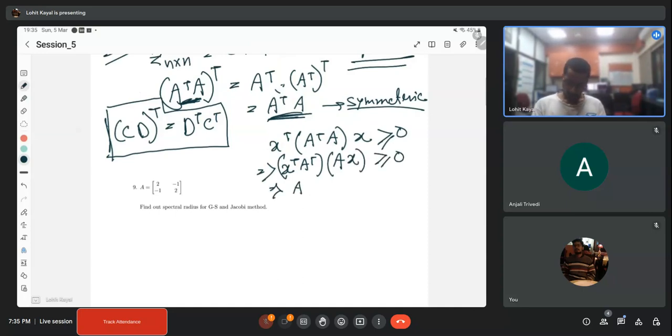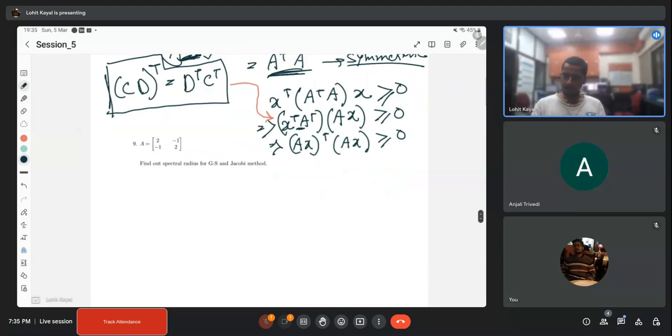So this is AX transpose AX, greater than or equal to 0. This is also true. This one is coming from this identity: X transpose A transpose equal to AX transpose. Now from the eigenvalue relation, AX equal to lambda x.